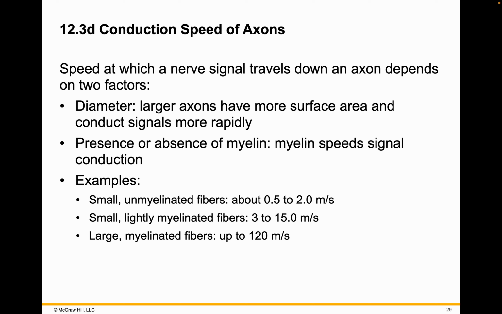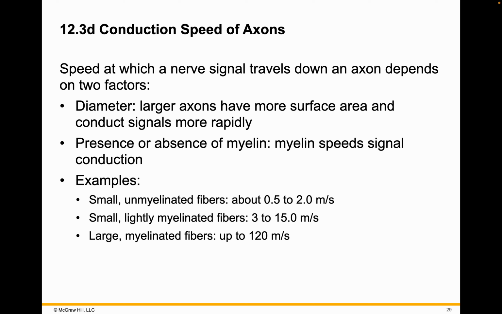And whether they have myelin around them or not is one of the things that will determine the speed of a nerve signal, the conduction speed of the axons. Other things that will affect that are the diameter. Large axons have more surface area and conduct signals more rapidly.